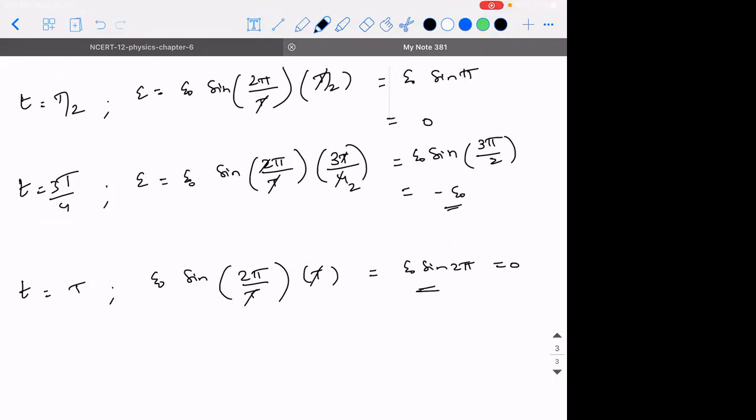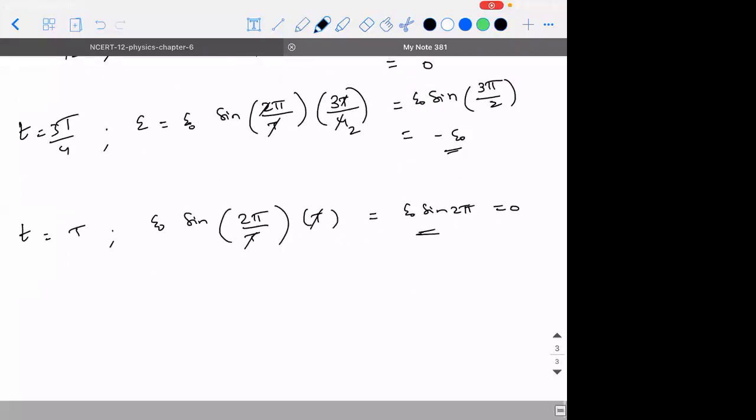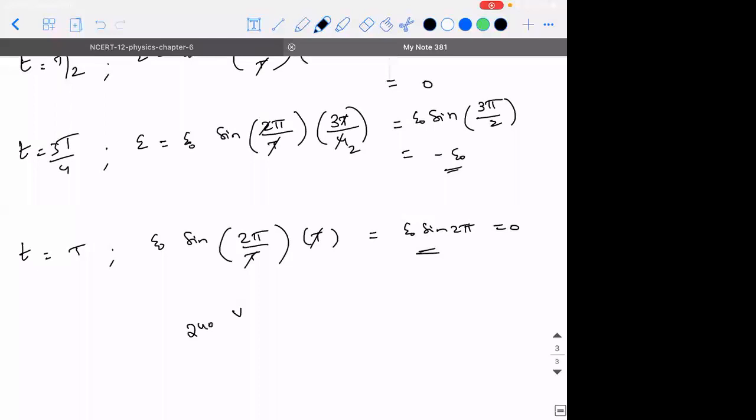But this cycle will keep repeating itself multiple times. I told you, in our house we are using 240 volt. That volt is called the RMS value, which you will learn in the next chapter. RMS is root mean square. You would have learned it in kinetic theory of gases, but don't worry about it. So it is 240 volt RMS value and the frequency is 50 hertz. What is the meaning of frequency?